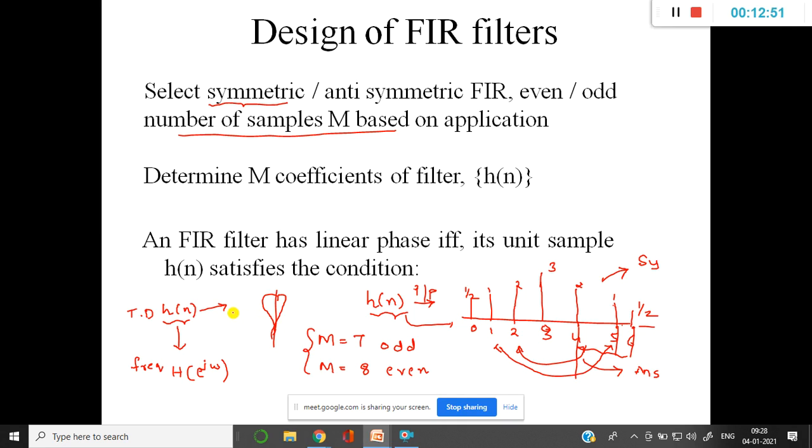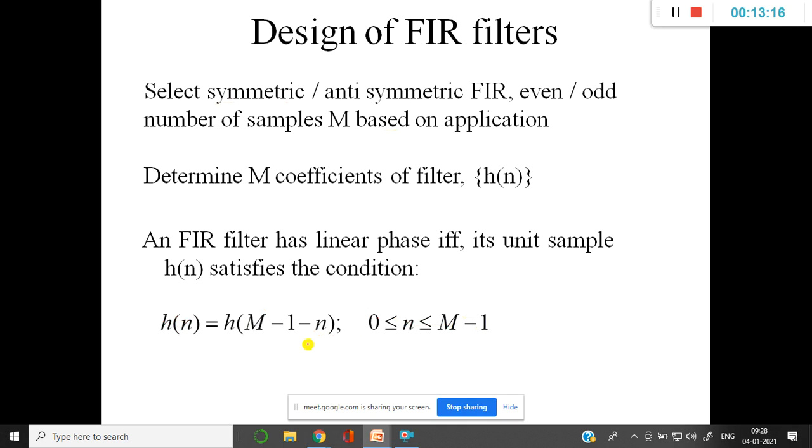When I move from the time domain to the frequency domain, from h of n, it is h of e to the power of j omega, or I can say a z transform, h of z. How does the equation look? That is what we will try to derive in this particular class.